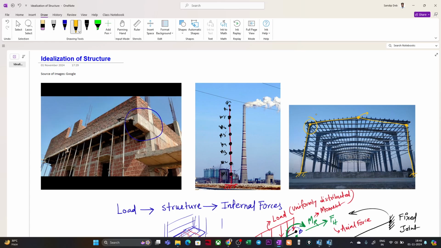So obviously when the behavior you have evaluated is not the same, then the design will not be correct, right? That can lead to catastrophic damage or failure of the structure.